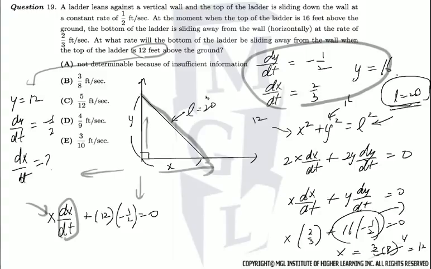So in this second scenario, where y is equal to 12, clearly then, x will have to be 16. Right? Because here, when x was 12, y was equal to 16. It's swapped, right? So we can replace x with 16 now, finally.